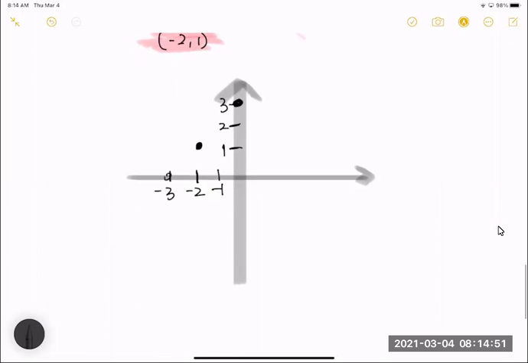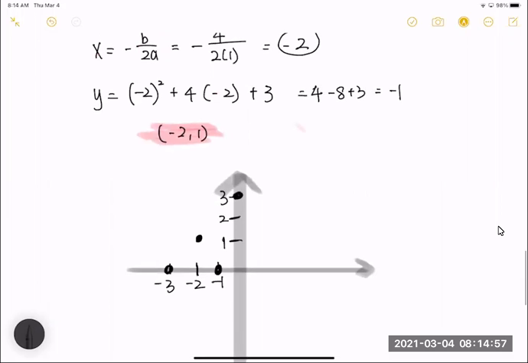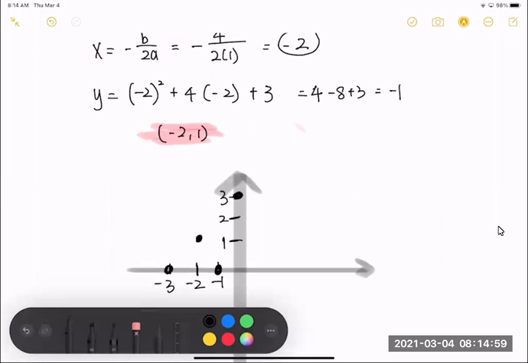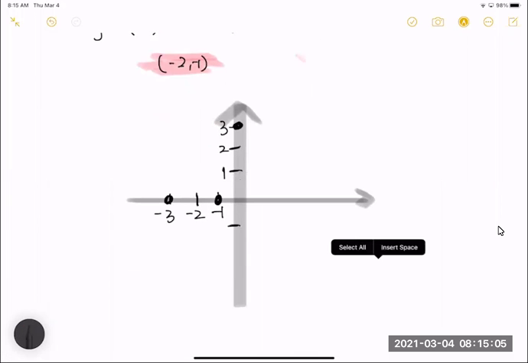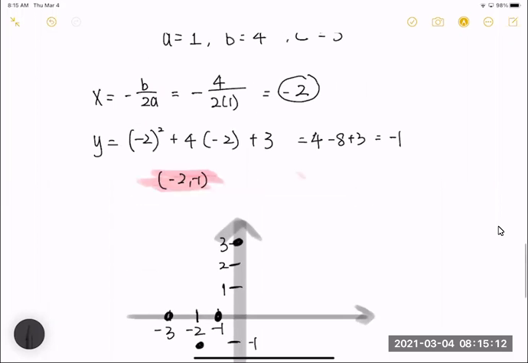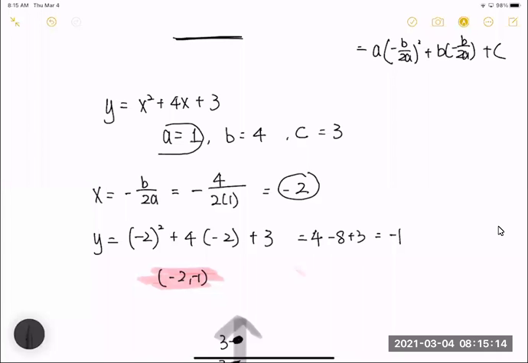So these two are your x-intercepts. Oh, this is negative 1, sorry. I know I did something wrong. Okay, so this vertex should be negative 1 instead of positive 1: negative 2 and negative 1. Okay, so now let's look at a. a equals 1, which is greater than 0.